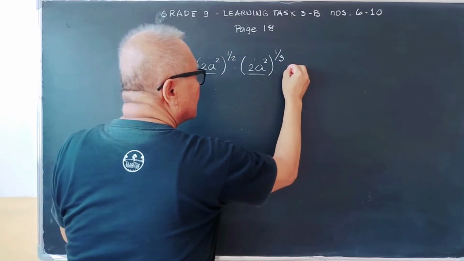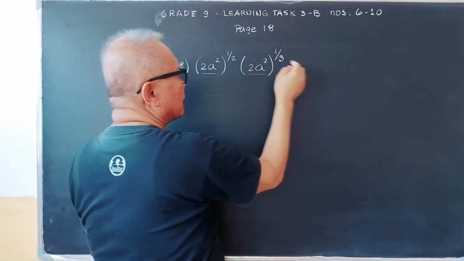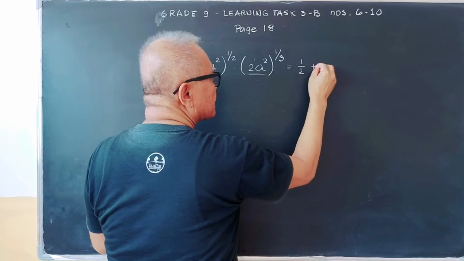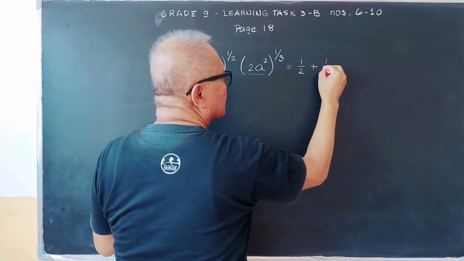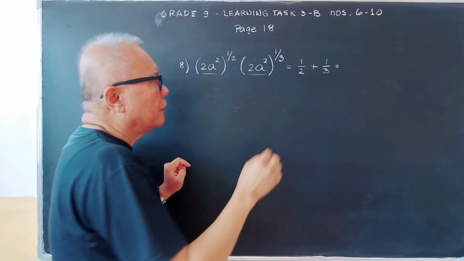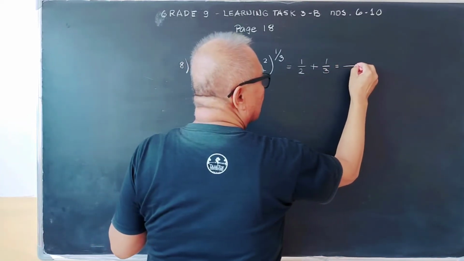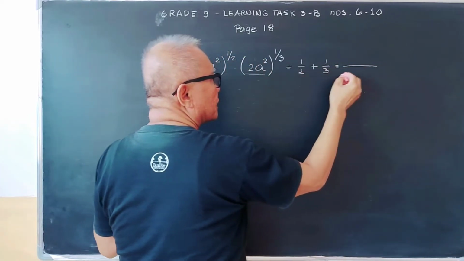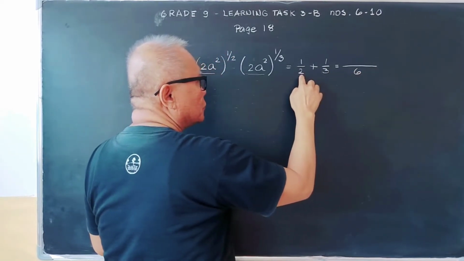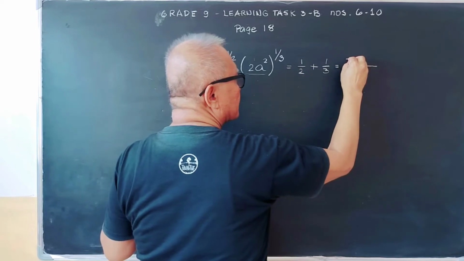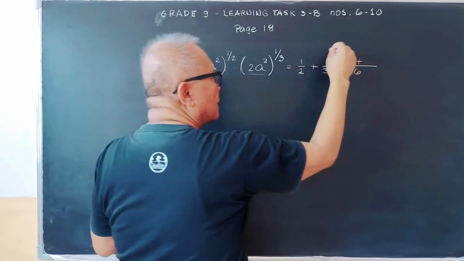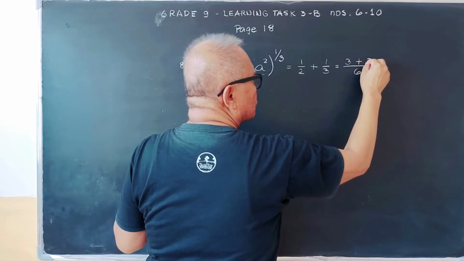So, mag-itsura niya. Add muna natin dito. 1/2 plus 1/3. Addition of fractions. So, LCD, magkaiba kasi 2 and 3. So, LCD is 6. 6 divided by 2 is 3 times 1 is 3 plus 6 divided by 3 is 2 times 1 is 2.